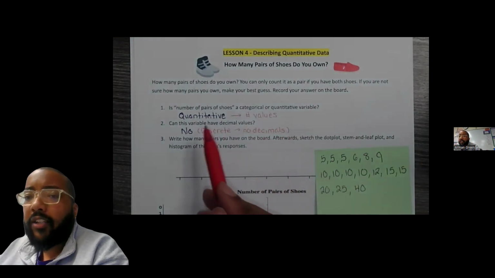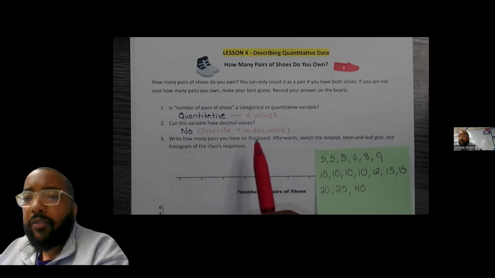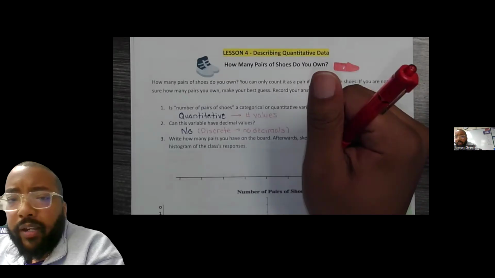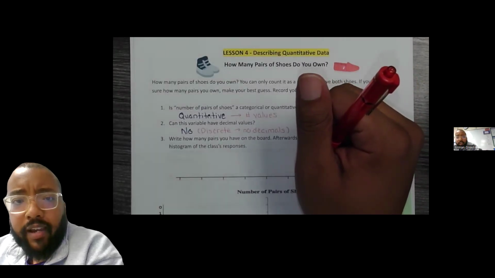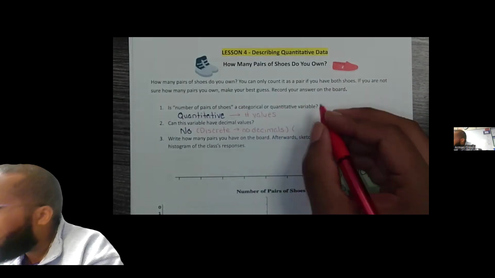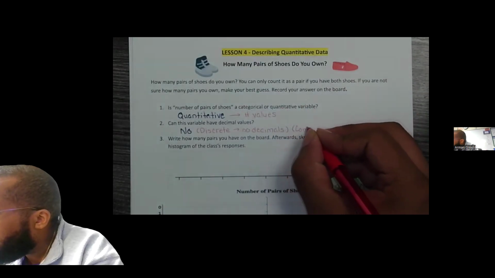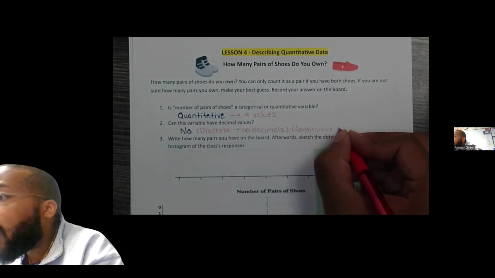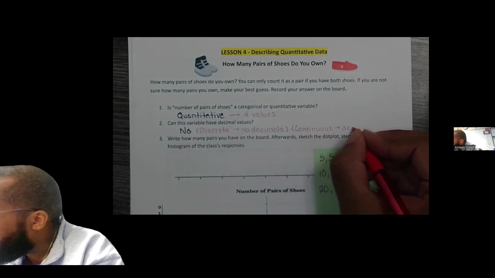Like in this context, we have discrete variables. If we were to have decimals within our answers, then what we would have is what is called continuous variables. And that is where, again, decimals are okay.